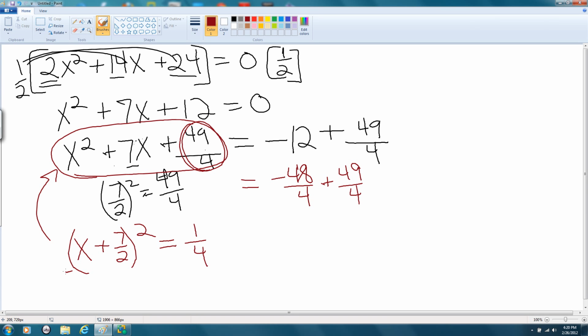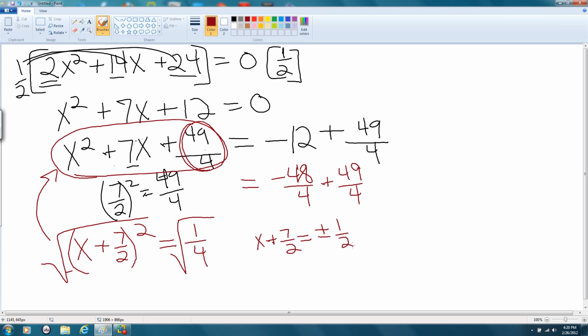Okay, so back to here. I'm going to take the square root of both sides. And so what I get is x plus 7/2 is equal to plus or minus the square root of 1/4. The square root of 1/4 is 1/2, so plus or minus 1/2.